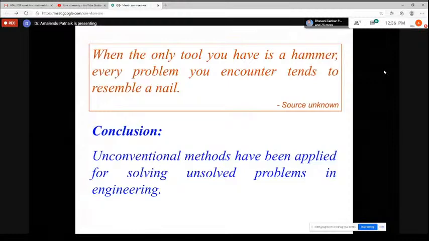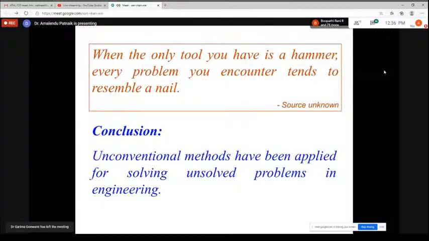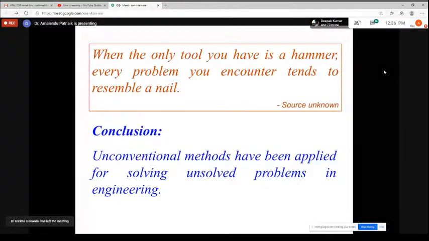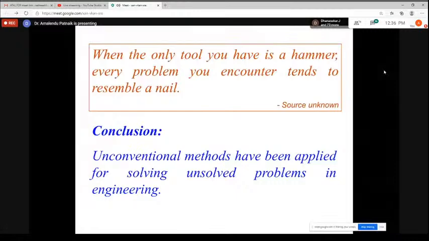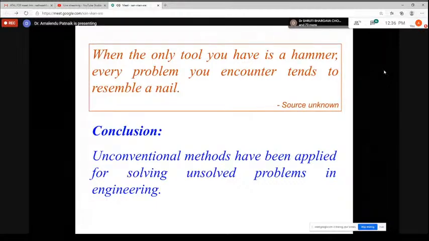So the conclusion is unconventional methods have been applied for solving unsolved problems in antenna engineering. Okay, if you study the literature, you will find a lot of complicated antenna problems, a lot of complex antenna problems have been solved using these meta-heuristic techniques.